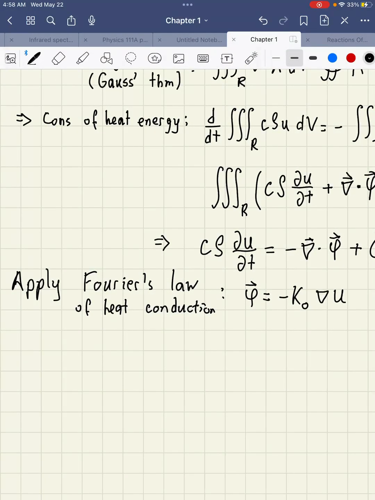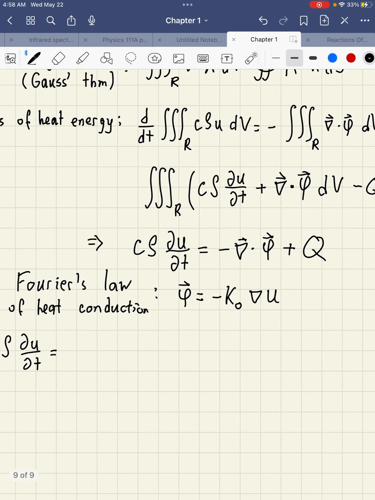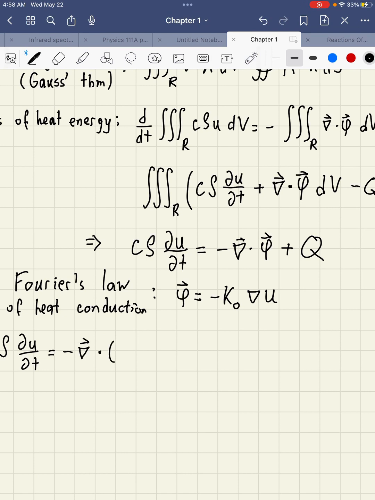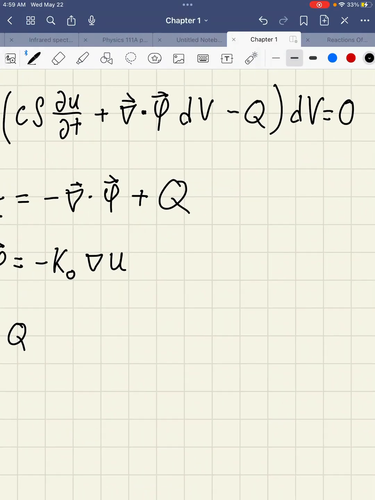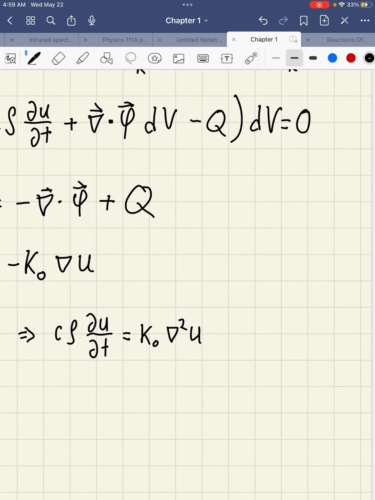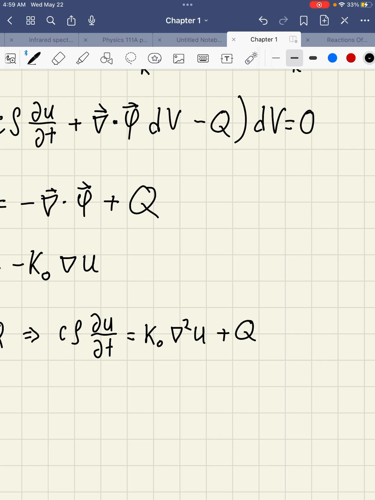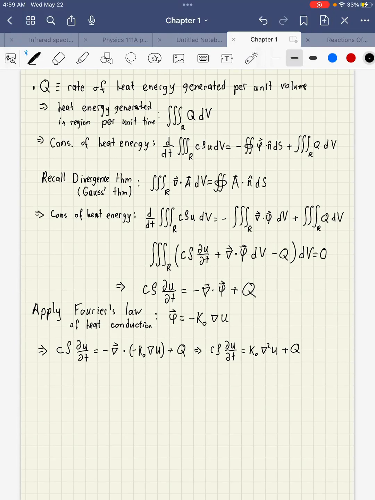Therefore, I have c rho partial u partial t equal to the negative divergence of negative k0 gradient u, plus Q, and therefore my heat equation becomes c rho partial u partial t is equal to k0 times the Laplacian of my u plus Q. Okay, here we go. Now this is my heat equation in 3D.